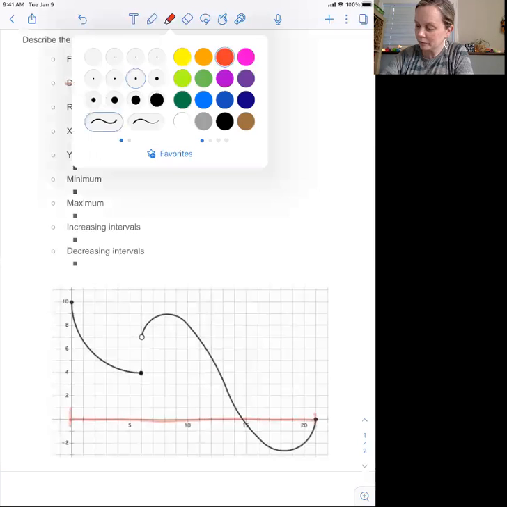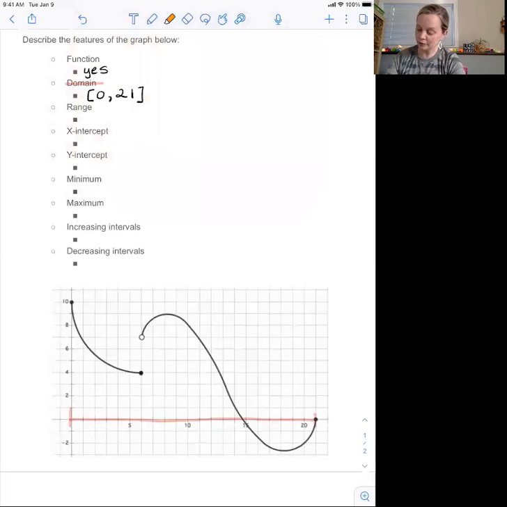Okay. Next up is the range, and the range is all of our y values. I think of it sometimes as how tall. How tall is that graph from the very minimum point to the maximum point? If I'm going along the y-axis, the minimum point's down here. We'll get to that one in a bit. And the maximum point is up here as well, and we'll get to that one in a bit.